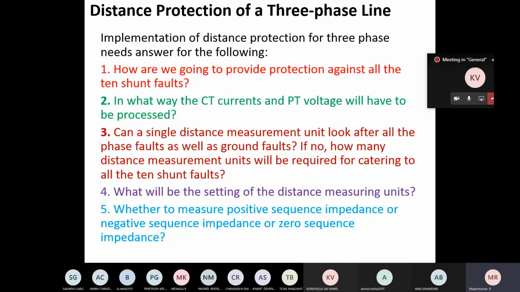Now, so far we saw all three types of distance relay. Hereafter, we have to understand in what way we connect the relay to the real-time line.